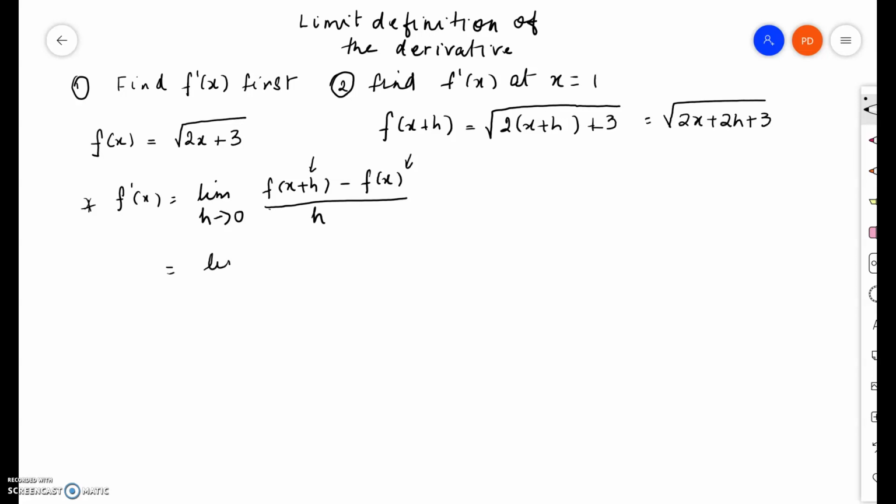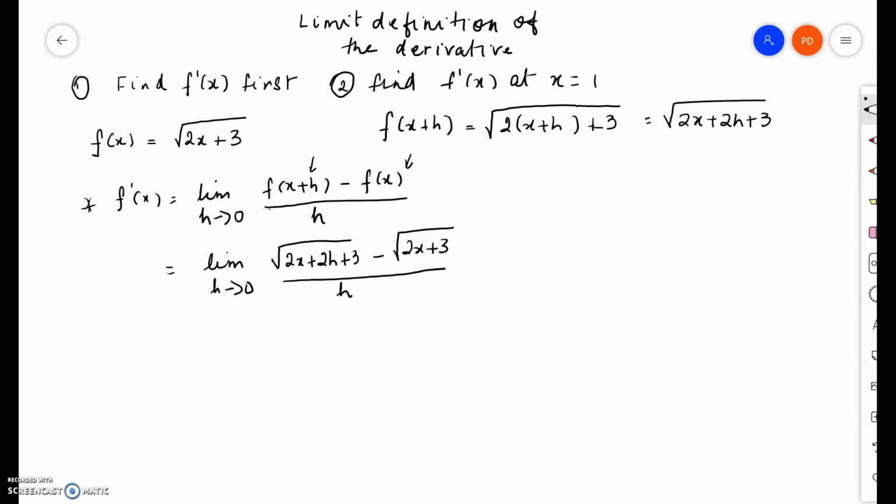So limit, keep writing limit until the end when you actually plug in the limit at some point. So that's square root of 2x plus 2h plus 3 minus radical 2x plus 3, whole divided by h.